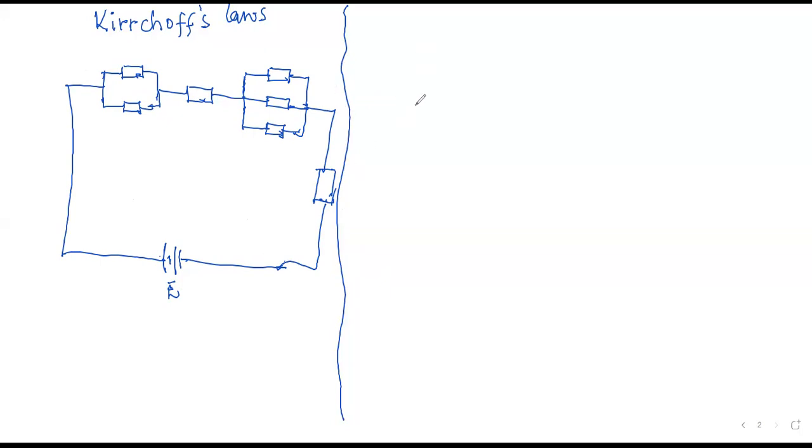So we talk about complex circuits when we usually have 2 or more sources of EMFs. When we have 2 or more sources of EMFs, the circuit becomes complex, no matter how simple or elaborate the circuit may look. So Kirchhoff's law is used for solving complex circuits.